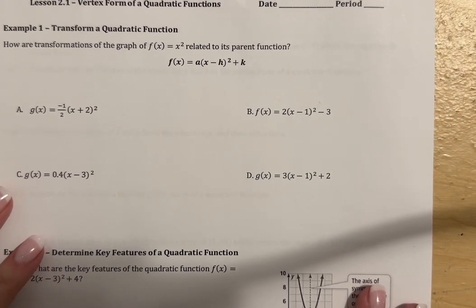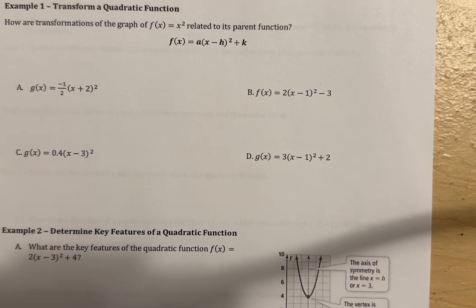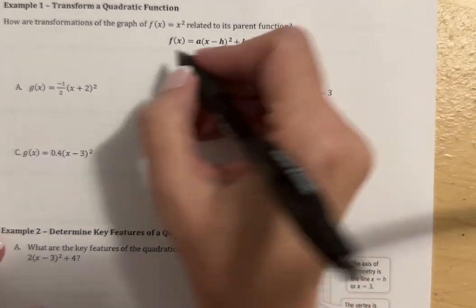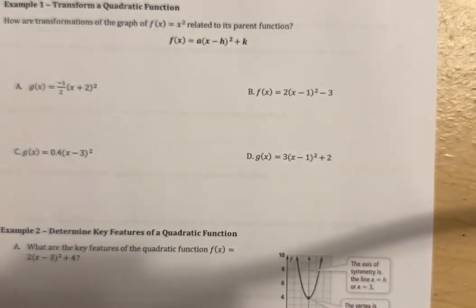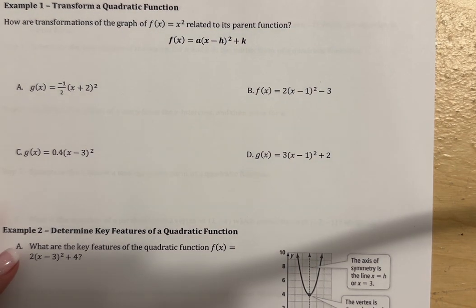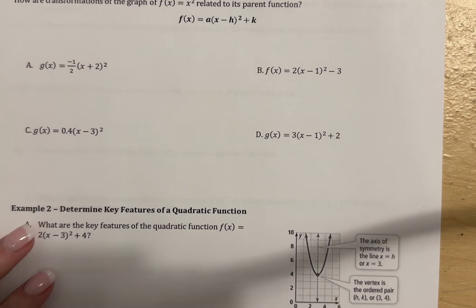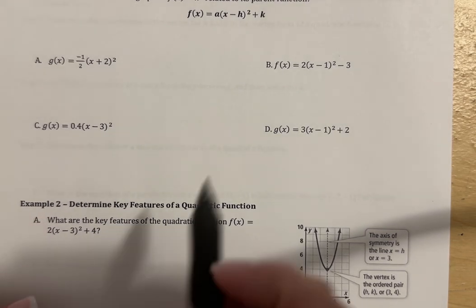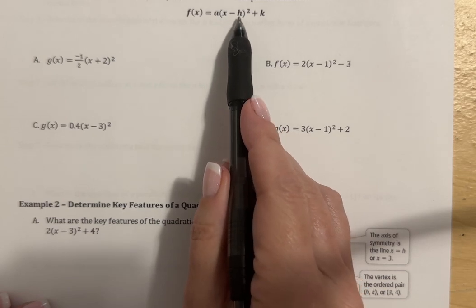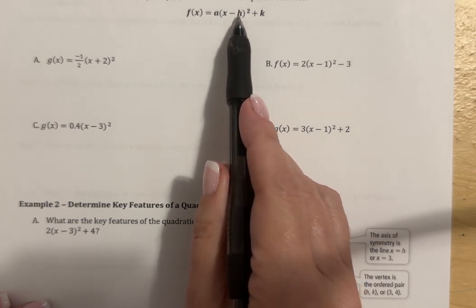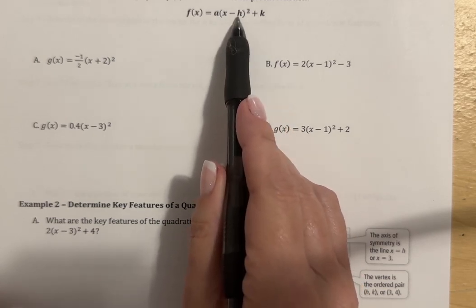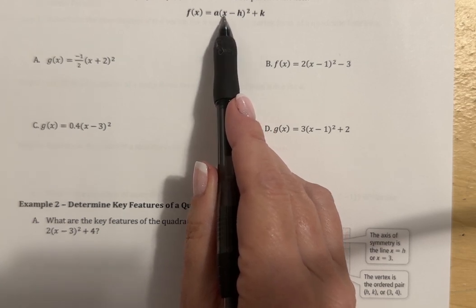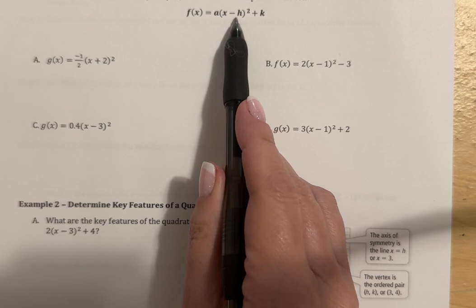Okay, before we start doing some graphs, let's talk a little bit about transformations. What you see right up here is the most general form of the equation with no numbers in it. Now we're going to slide on down and look at what happens when we start putting some numbers into place. I always like to start by finding what kind of a transformation has been done left or right. This is my h. My x is the x coordinate of the vertex. I'm reminded of that because it's next to the x.